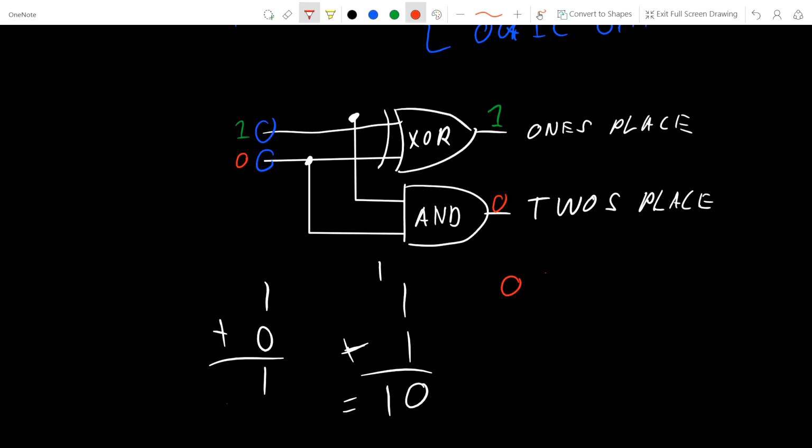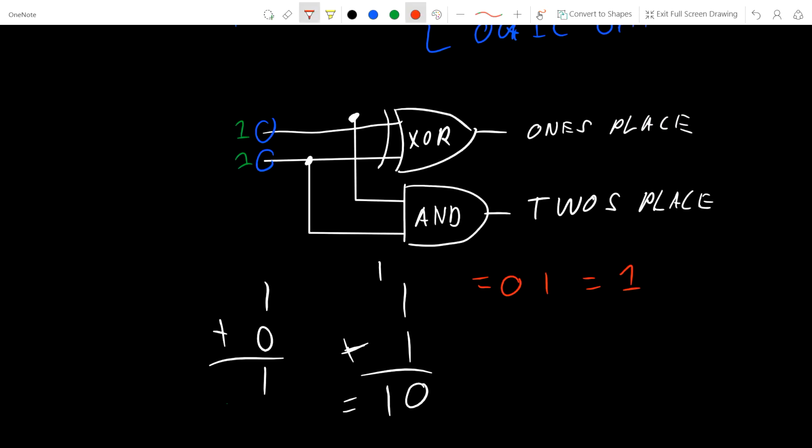So, in fact, we're going to write these as the numbers so we stop confusing ourselves. Now, these also go to the AND, which sees a 1 and a 0, which aren't the same. They're not both 1s, so it gives a 0. So thus the number that we get is 0, 1, or just 1, which is correct.